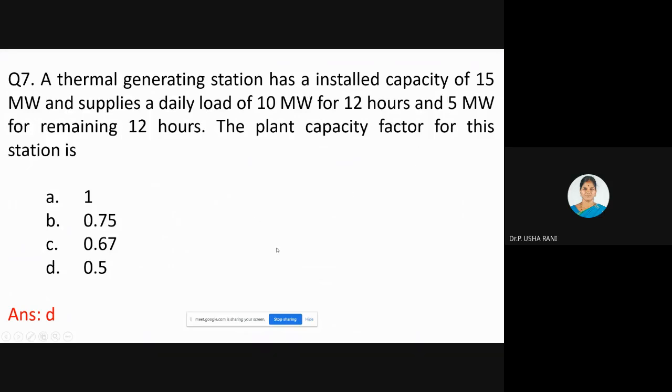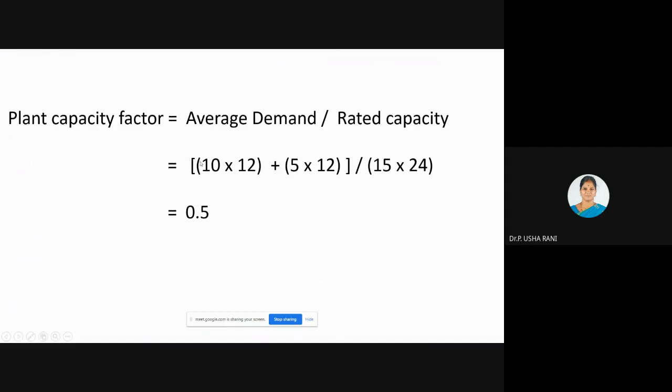So I'm going to use the formula plant capacity factor, which is equal to average demand divided by rated capacity. The rated capacity they have given us is 15 megawatt. So 15 megawatt per day means 15 megawatt into 24. And for average demand over 24 hours, they have given two different loads for particular time durations. So I multiply each load with its time duration, so I'll get the answer in megawatt hour.